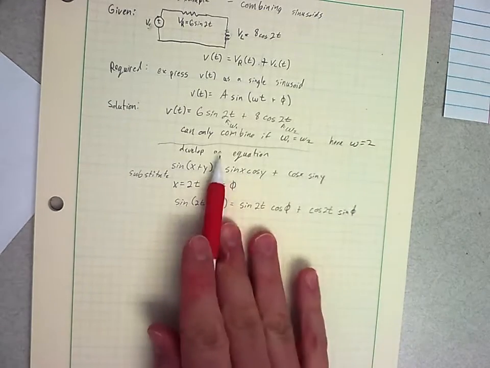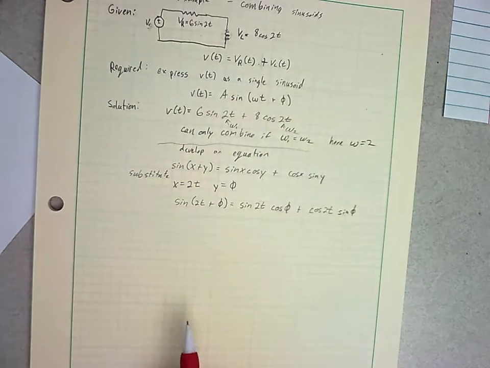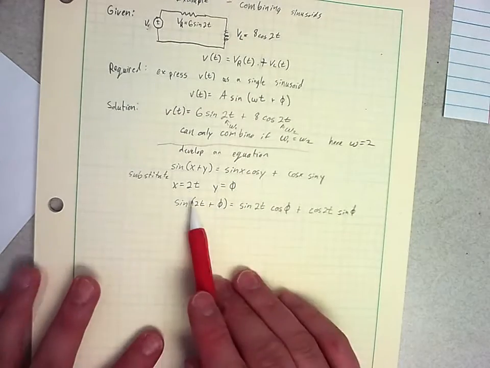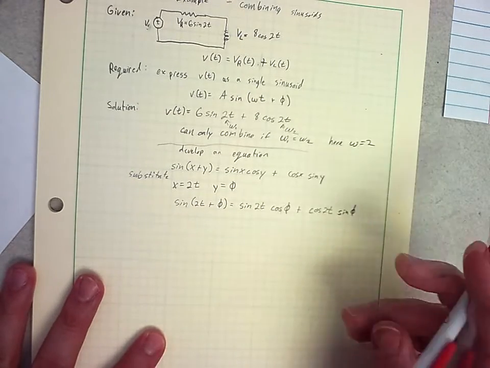So now I'm starting to get something that looks like this. Or really, I could have said that that's omega t, and I just know that omega is 2.